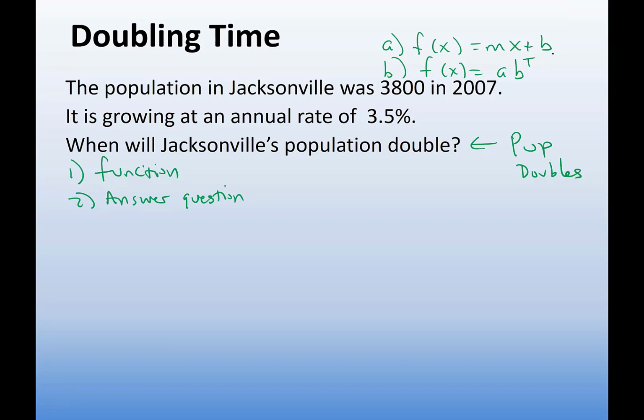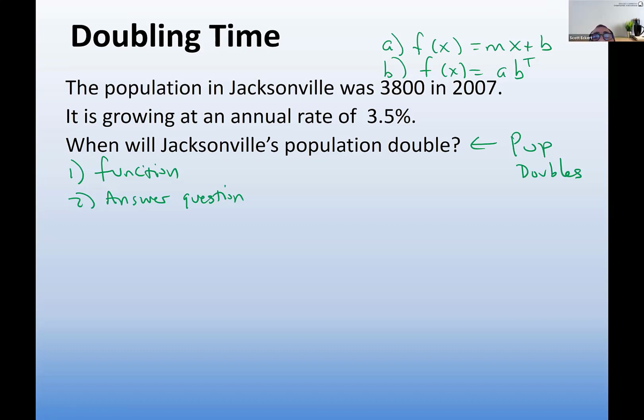Model B. That actually is correct. Can you give me a reason why that was a great answer? Can you add a little bit to why that's the right one? Because it says it is growing at an annual rate of 3.5%.